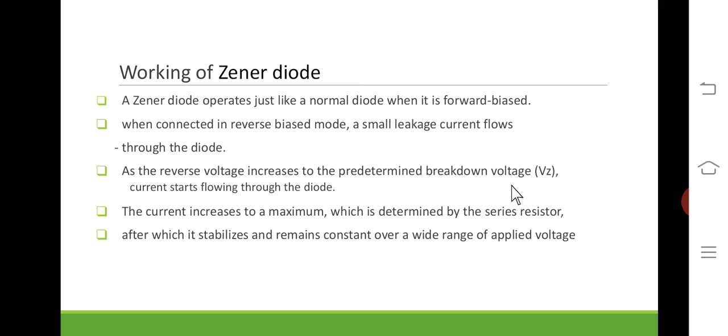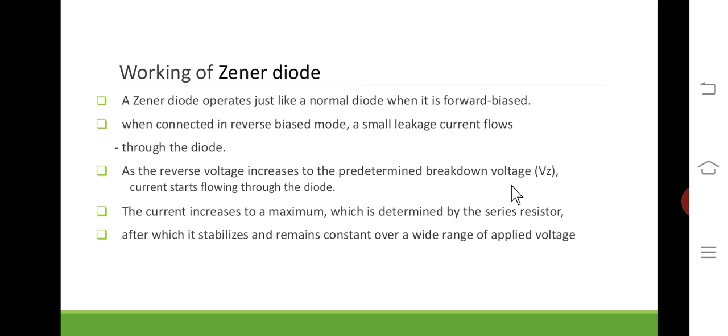If the diode is reverse biased and we apply voltage to that reverse bias, the reverse current rises sharply to a value limited by the external resistance connected in series with the junction.